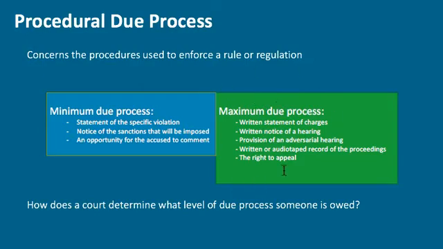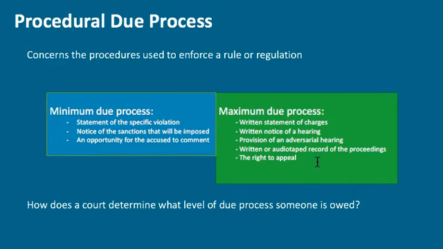Now you can see that there's also other layers here. There are other types of due process that can be provided. And the truth is, maximum due process. So all of these things involving kind of what we mentioned over here, but also the opportunity to have a hearing, the opportunity to appeal. These are things that essentially, if you have a deprivation that is greater, the more due process you want to provide, right?